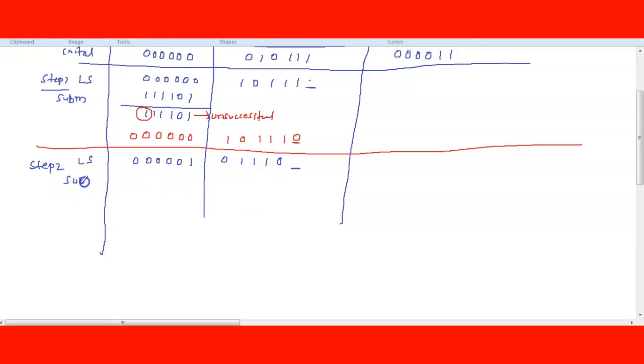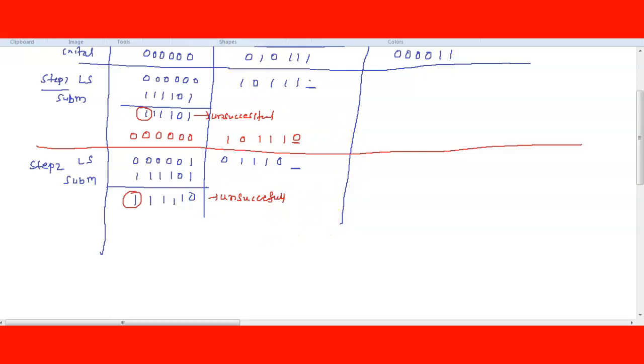Subtract M means adding minus 3, 1 1 1 1 0 1. So add it here: 1 plus 1 is 0, carry 1. This is 1 1 1 1 1 1. So here again we see the MSB is 1, which means the number is negative. So this step is also unsuccessful.